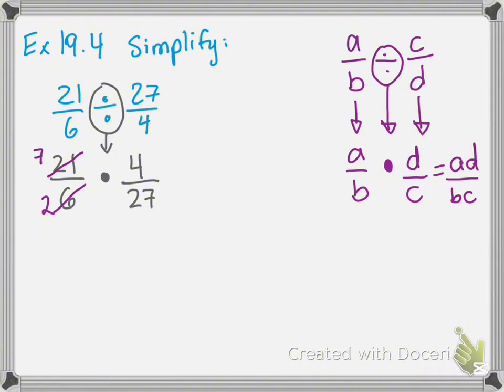Nothing else in that one fraction, so now let's divide the 2 and the 4. 4 is divisible by 2, which gives 2. And 2 is divisible by 2, which gives 1. Now, I check for other common factors, but 7 does not divide 27, so we can't do anything else. So we just multiply. 7 times 2 is 14, and the 27 stays the same.